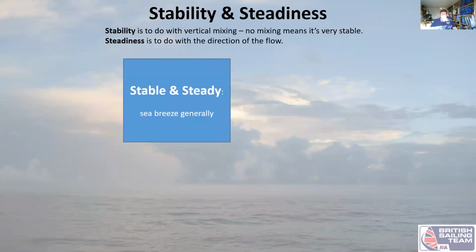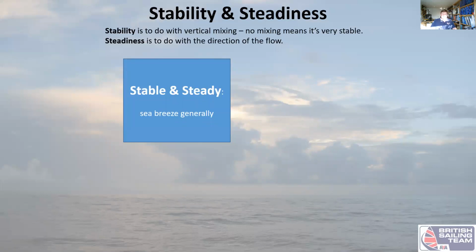Right. There's also a concept which is very useful, which is not an official one, but I like to make a difference between your vertical movement and your horizontal movement. Your vertical movement, your mixing, is defined by the stability, as we've just seen. And when I talk about steadiness, I like to talk about the way that your wind moves from left to right.